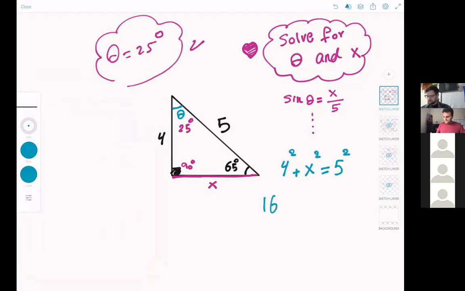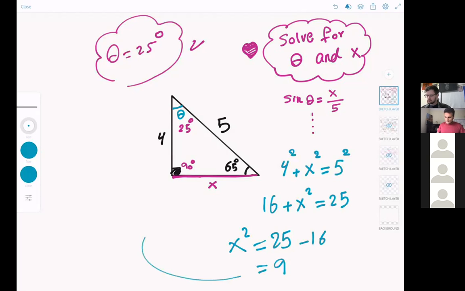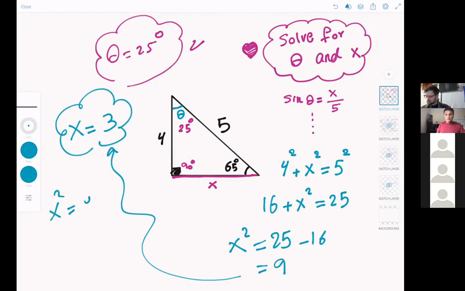We have 16 plus x squared equals 25. Then x squared equals 25 minus 16, which happens to be 9, and then x will be 3. Algebraically, x squared equals 9, so x is plus or minus root 9, which is 3. But because we are dealing with a triangle and the length is not going to be negative, we don't worry about the negative part.